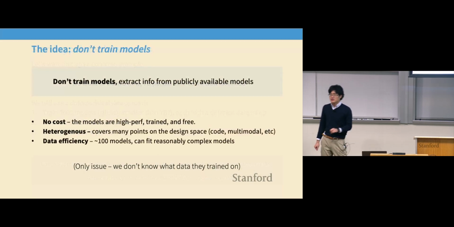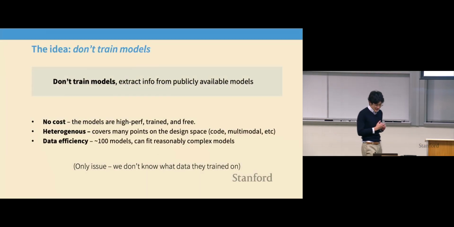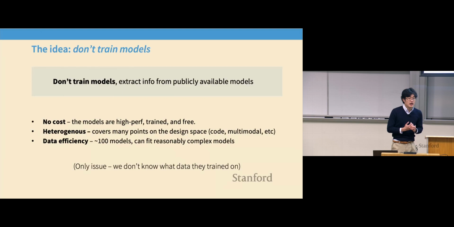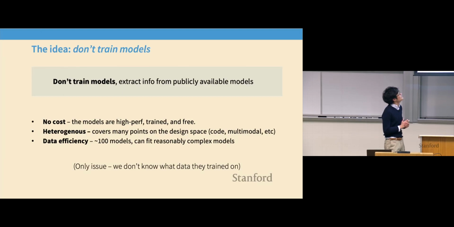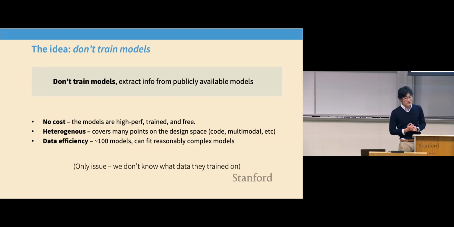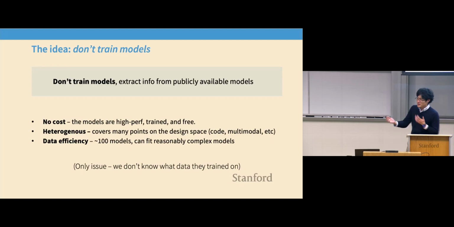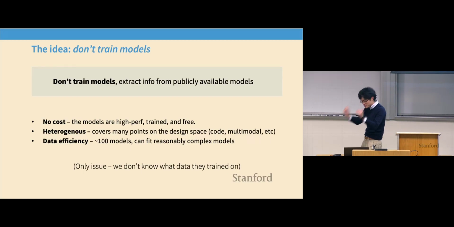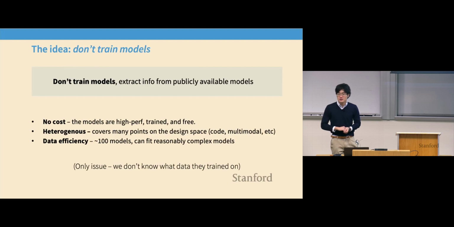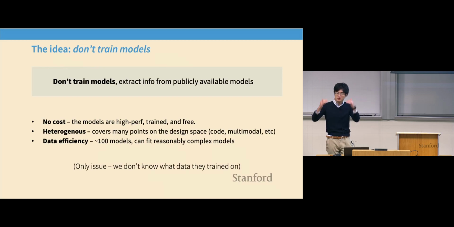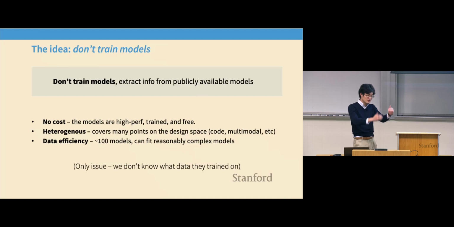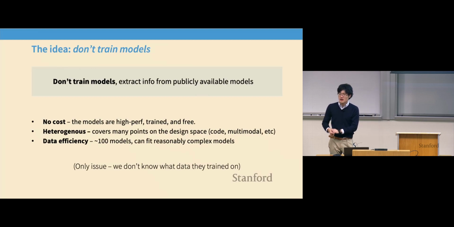So there's this fun idea that I and a couple of others have been working on for the last couple of months. The field moves fast, so whenever you want to analyze a model or think about the behavior of a model, don't ever train your own model. All we're going to do is download a whole bunch of models from Hugging Face, right? A lot of collective resources and intelligence has been used to train, at this point, over 100 high-performance models that are now publicly available.